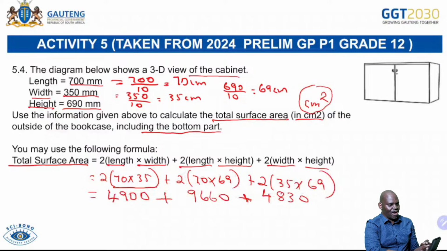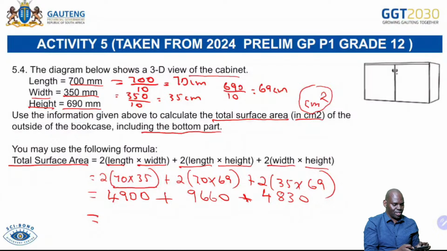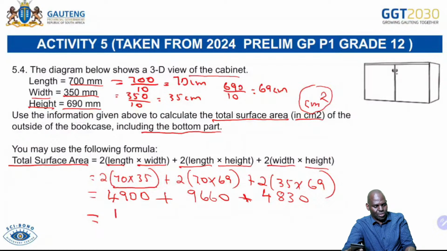That one is 35 by 69, and then times 2, then I get 4,830. Now I can add up everything. 4,900 plus 9,660 plus 4,830. Then this is 19,390.